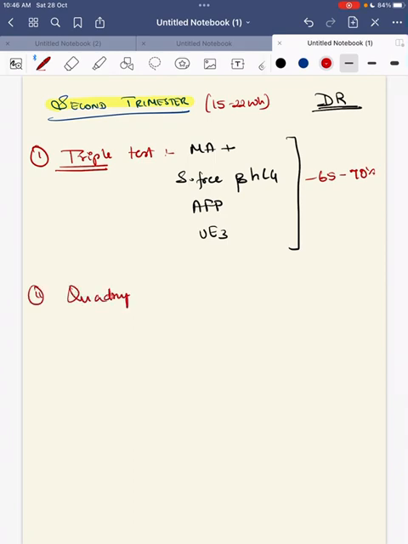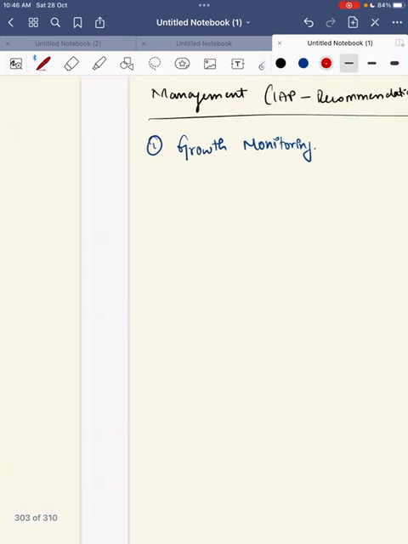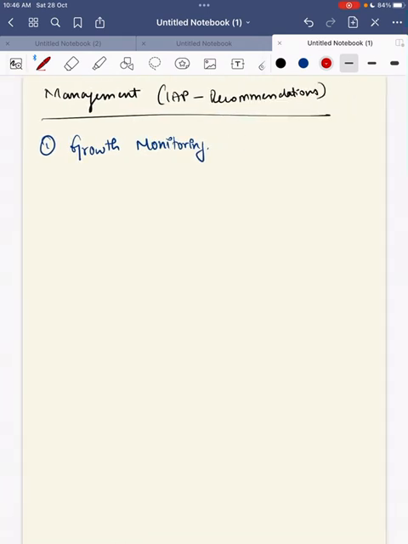Okay, next in quadruple test, it includes this triple test plus there will be another one, that is inhibin A. They have a detection rate of around 70 to 75%. Okay, detection rate for the Down syndrome. So these are the prenatal screening.